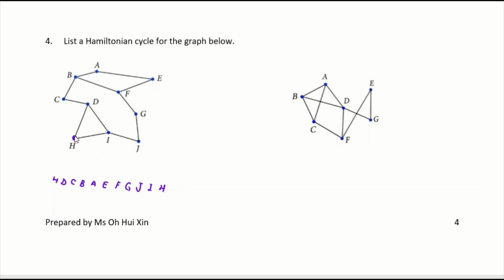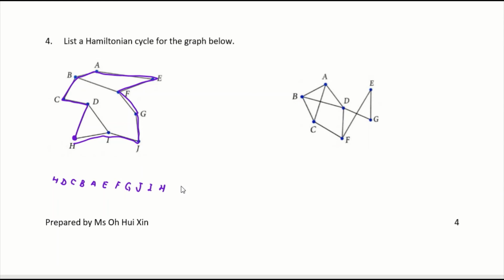Okay, so you can try to check again. H, D, C, B, A, E, F, G, J, I, H. So I pass through all the vertices and I start and end at the same vertex. So in this case, I have 1, 2, 3, 4, 5, 6, 7, 8, 9, 10, 11.